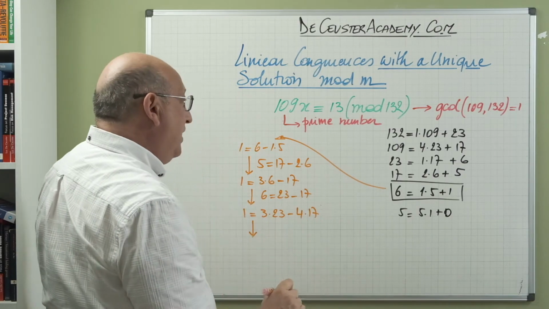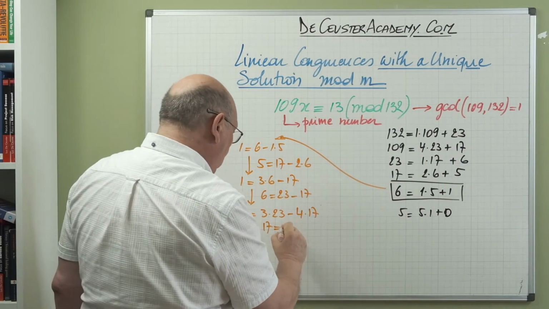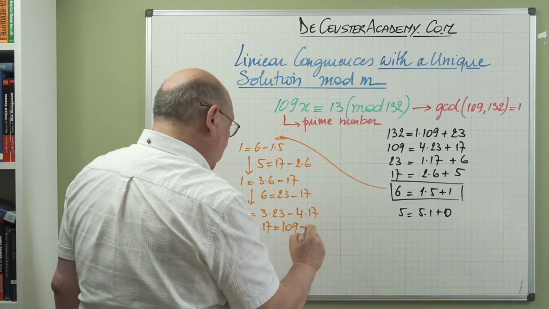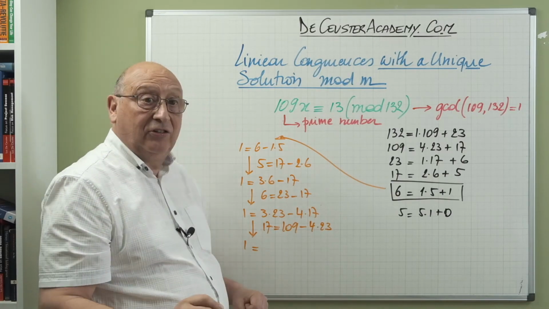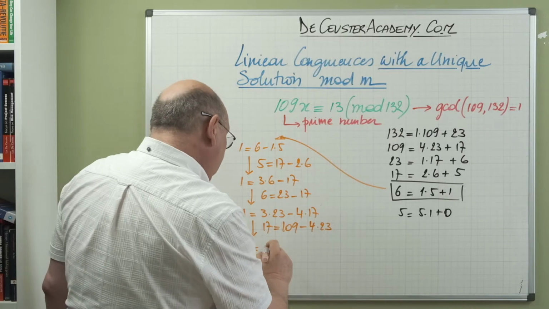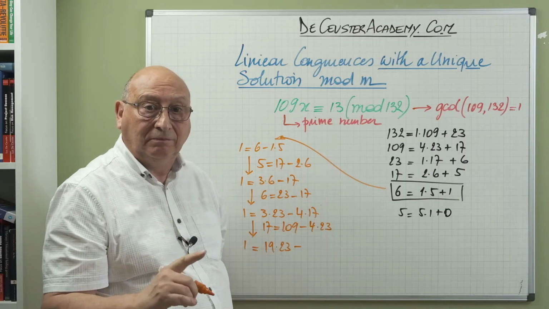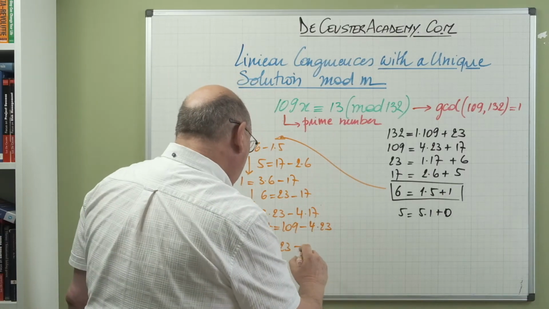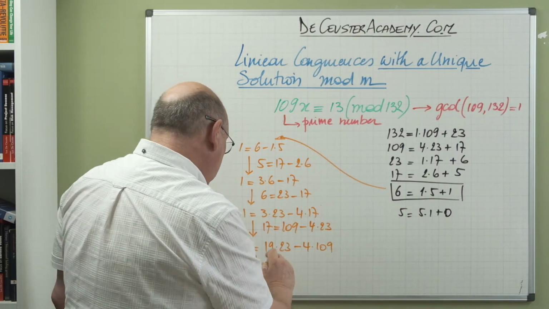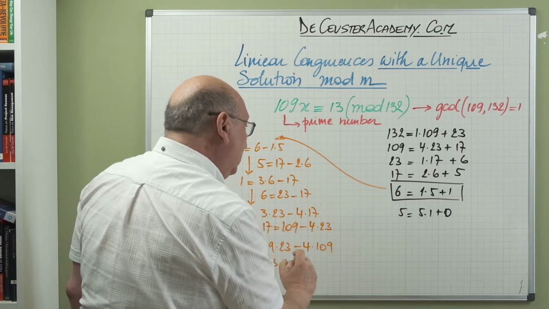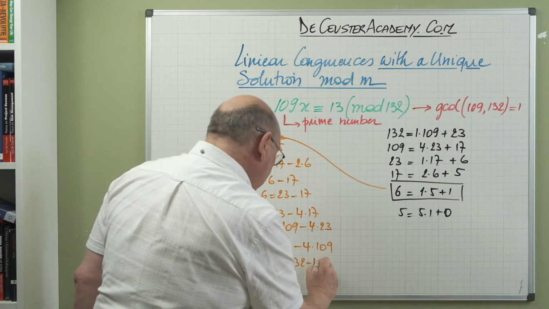We continue, and now we have 17. 17 is equal to 109 minus 4 times 23. And we find again, 1 is, in this case, 19 times 23 minus 4 times 109. And the last adjustment, we have to replace 23, which is 132 minus 109.